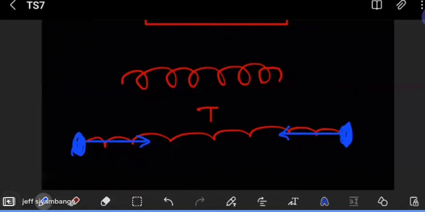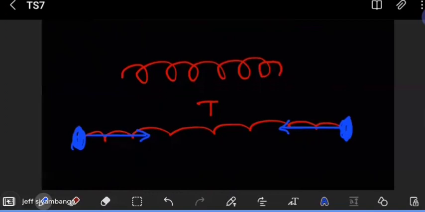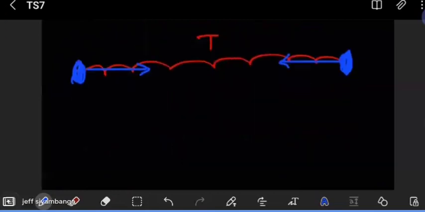So if you have a member that is exerting a force on a joint such that the joint is being pulled away from that member, or the force is acting away from the joint, then we conclude that the member is in tension. And if you had the opposite, a joint is here, and this joint experiences a force from the spring that is acting towards the joint, in this case, we're going to conclude that the member is in compression.